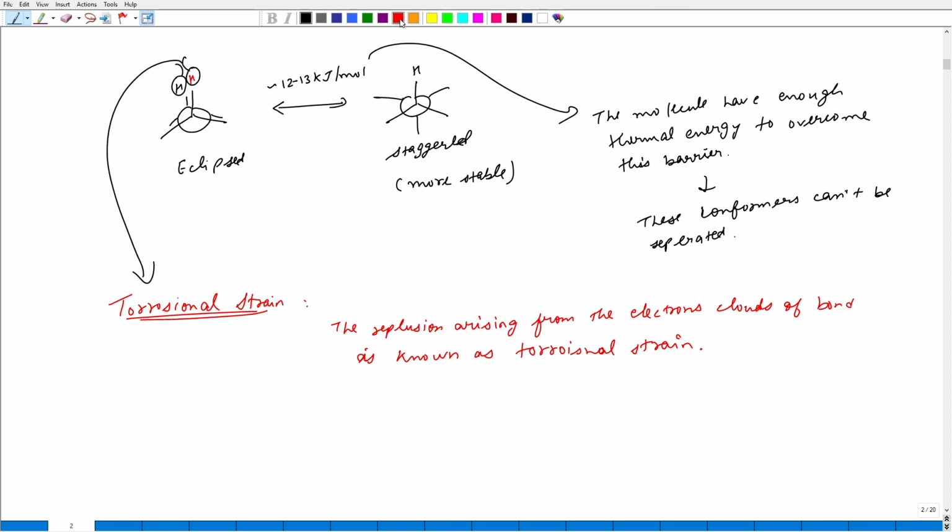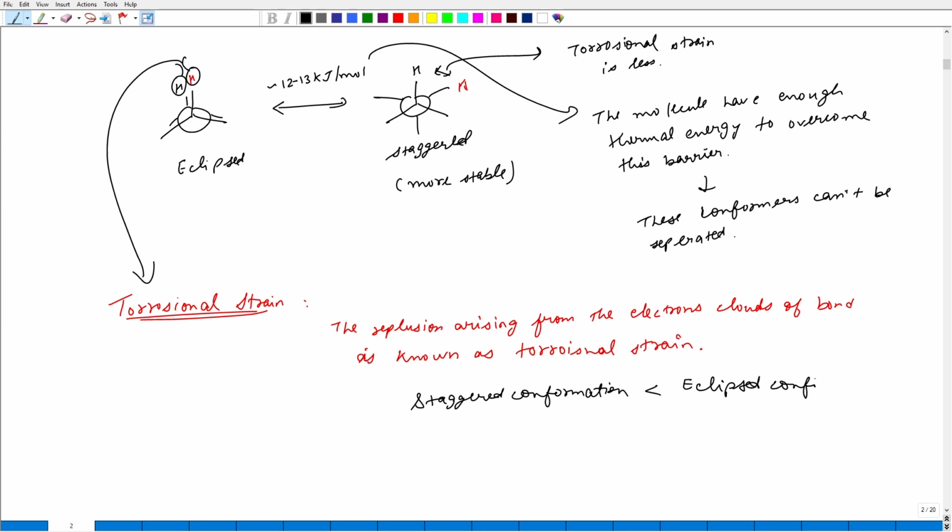Whereas in the other case, in the staggered case, the repulsion is not much, the hydrogens are away from each other. So, torsional strain is less here. So, we can say that the torsional strain in the staggered conformation is less than the eclipsed conformation.